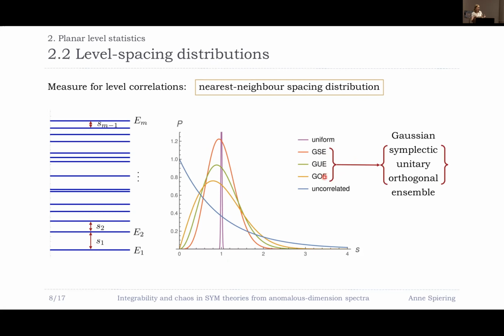This is the ensemble where the random matrices are invariant under orthogonal transformations, so these are the real symmetric random matrices. And the corresponding nearest neighbor spacing distribution is this yellow curve that roughly goes like s times e to the minus s squared. Then for the Gaussian unitary ensemble, the random matrices that are invariant under unitary transformations, the complex Hermitian ones, I find the green curve.